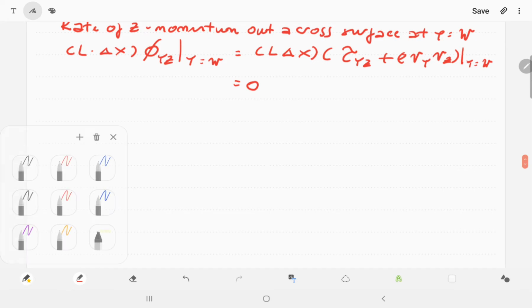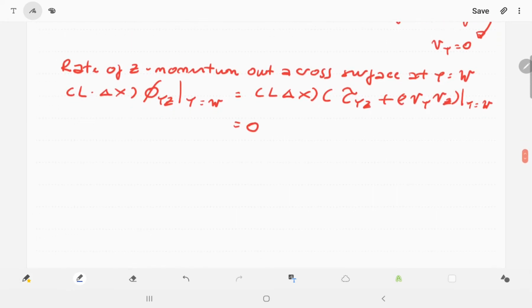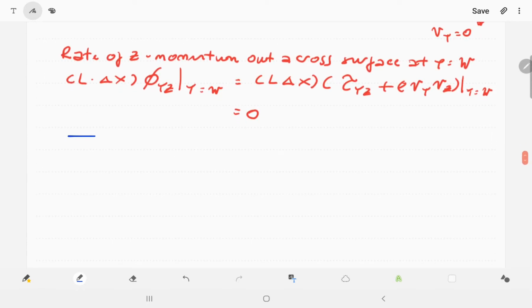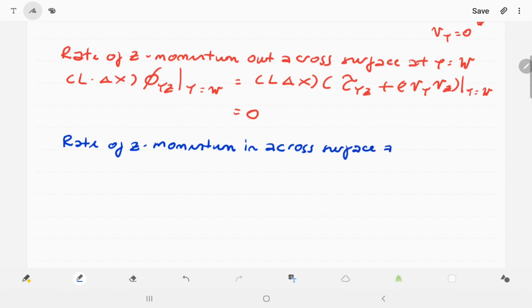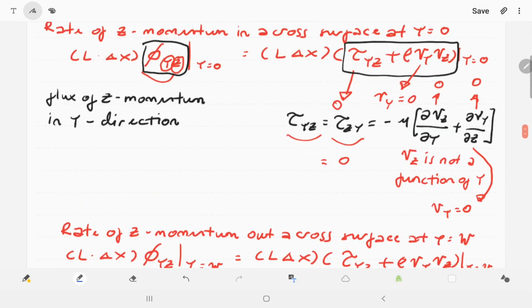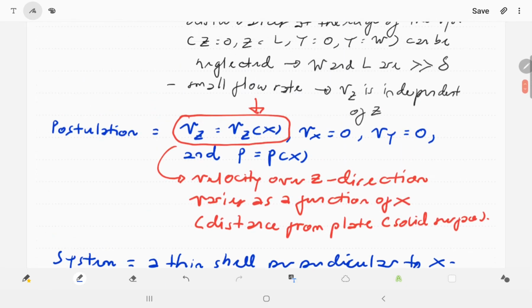Okay, so the next one that we need to discuss is the other momentum component, the rate of z momentum in across the surface at z equal 0. So again, we look back at the shell element.